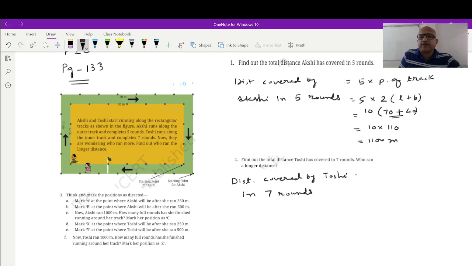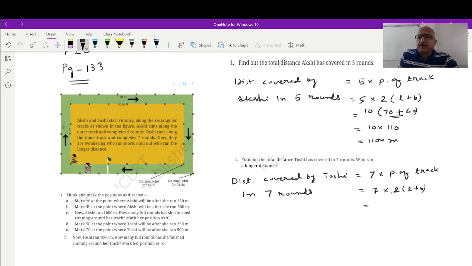So 7, and she is taking rounds around a rectangular track. That means we are supposed to consider the perimeter. So perimeter of the track. For Toshi, what dimensions do we need to consider? 60 and 30, right? So 2 in a bracket L plus B.